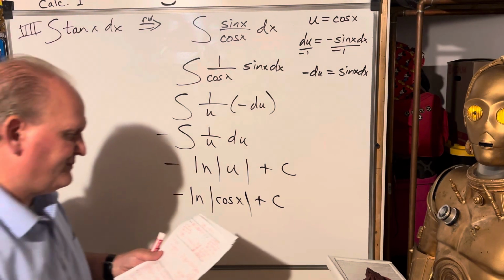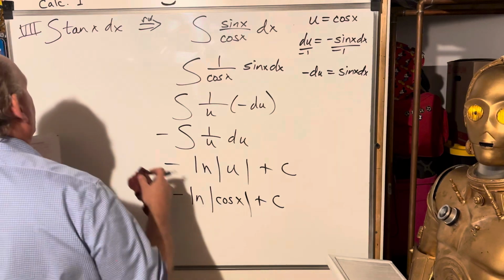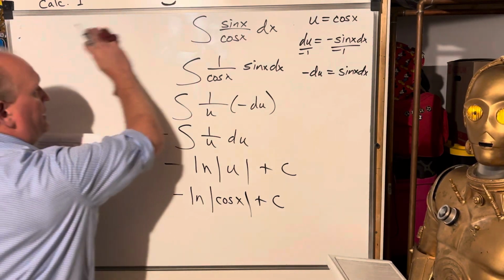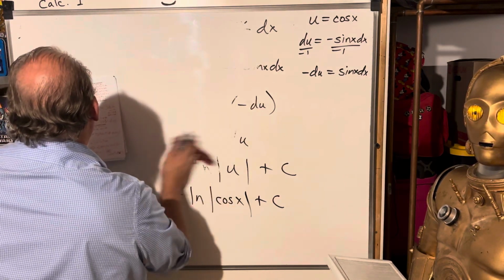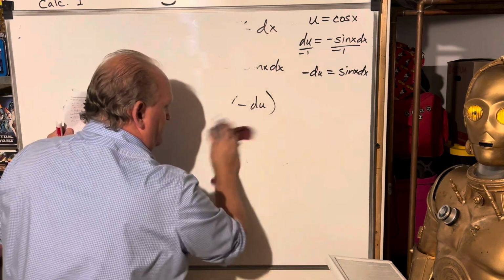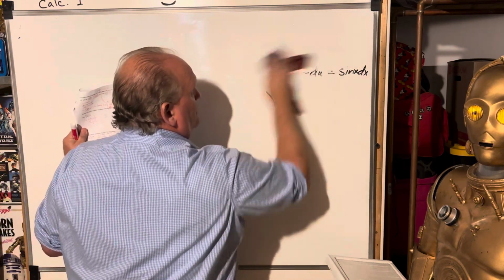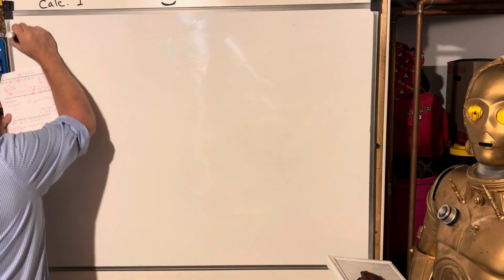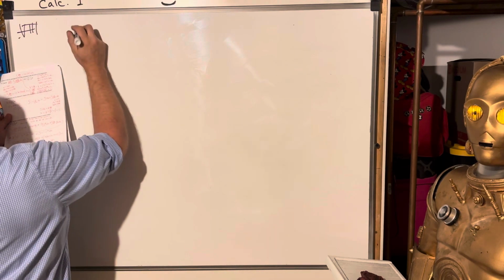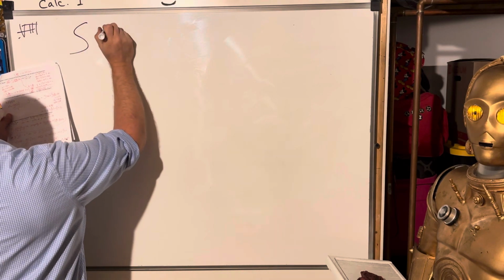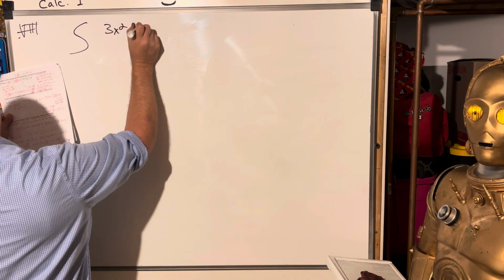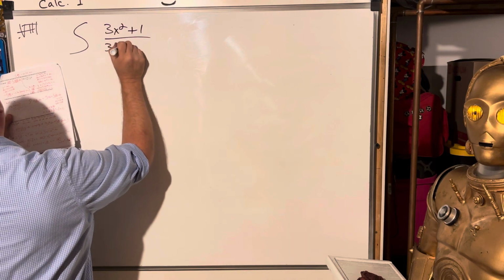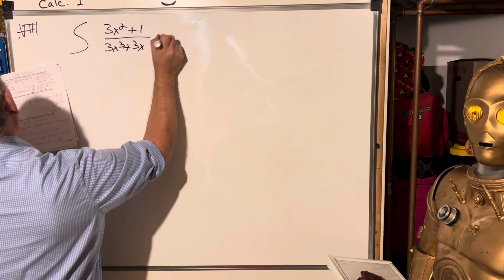Okie dokie. Let's look at 8. Oh, look at this monster, huh? 3x squared plus 1 over 3x cubed plus 3x dx.